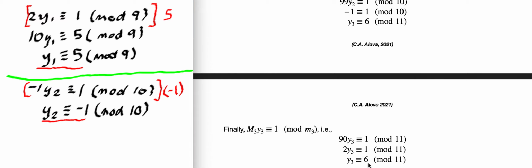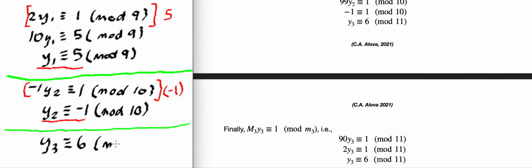So 1 y sub 3 is congruent to 6. Therefore, I'll just write it here directly: our y sub 3 is going to be congruent to 6 mod 11. And I want to highlight that.